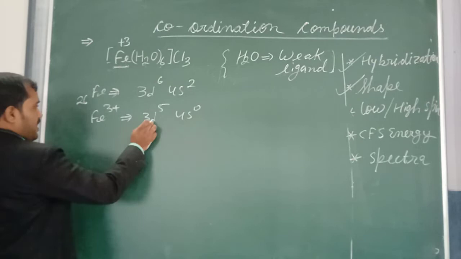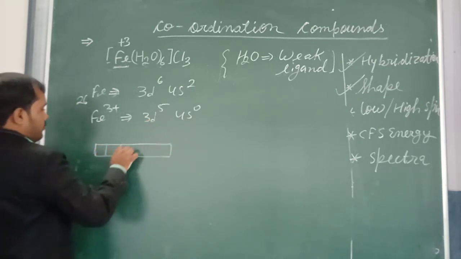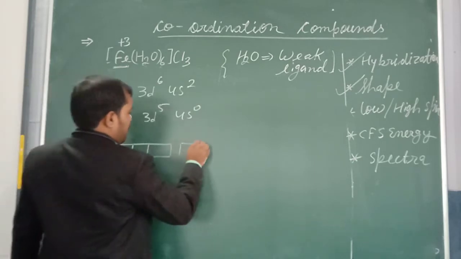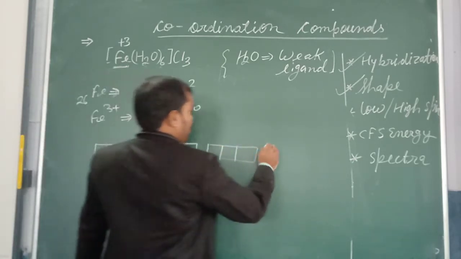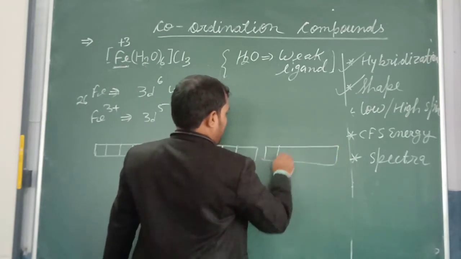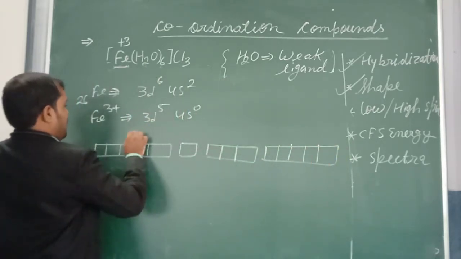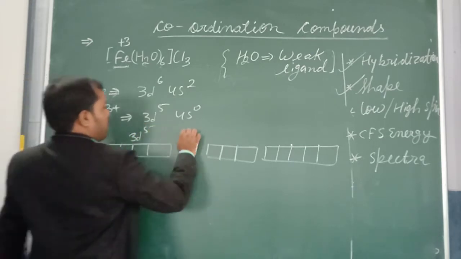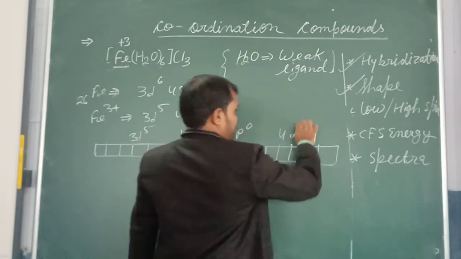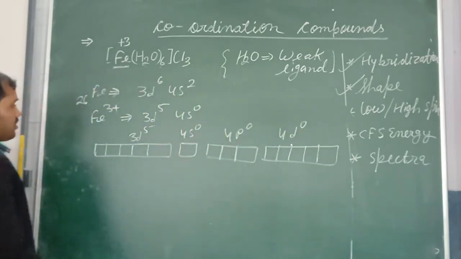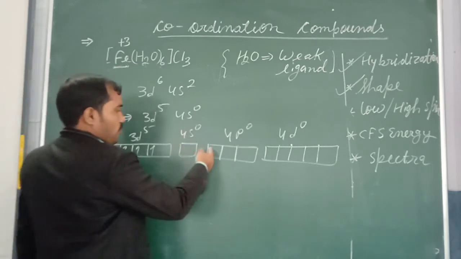After that what will happen, my dear? 3d5: 1 2 3 4 5, then s orbital, p orbital, then again d orbital. Means 3d5 4s0 4p0 4d0. Here no electron, no electron.